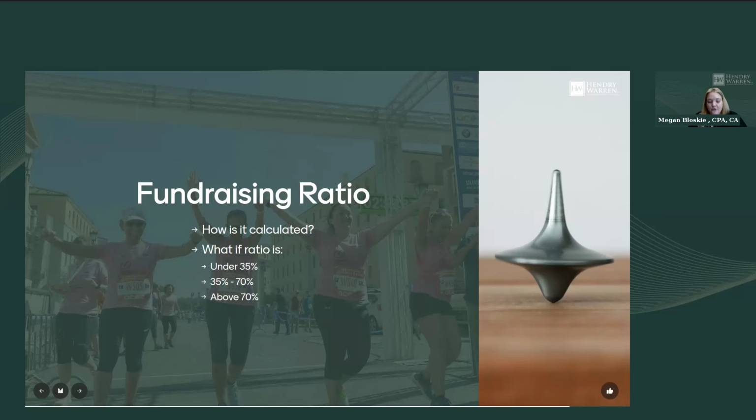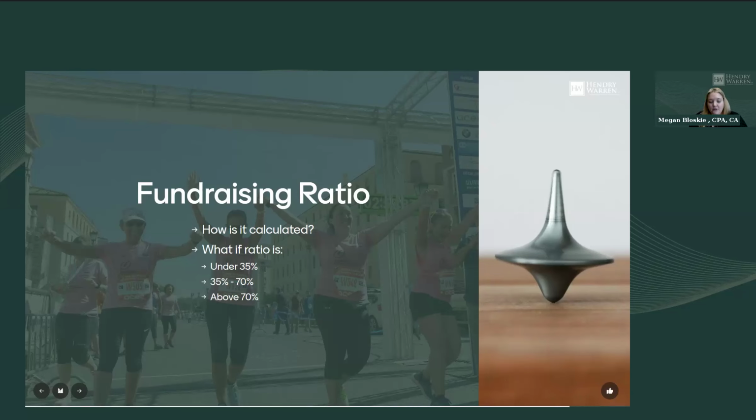To test the fundraising ratio, it is based on a percentage of the fundraising expenses compared to the fundraising revenues reported on the T3010. There are specific line items of revenues that feed into the fundraising ratio.